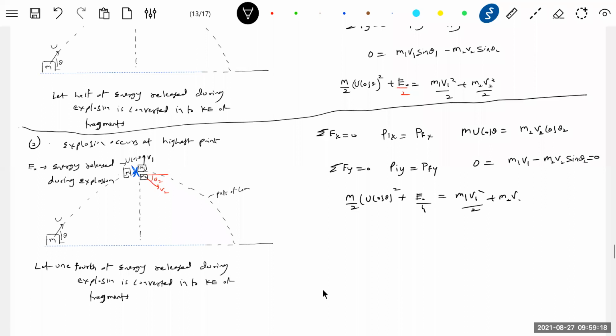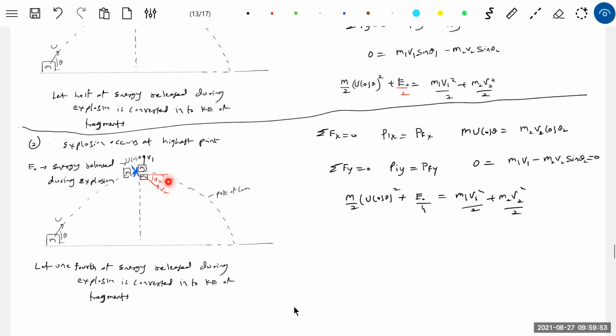So how to predict: if you know in what direction one of the fragments moves, we can predict in what direction the other fragment moves. Where it lands also we can predict.